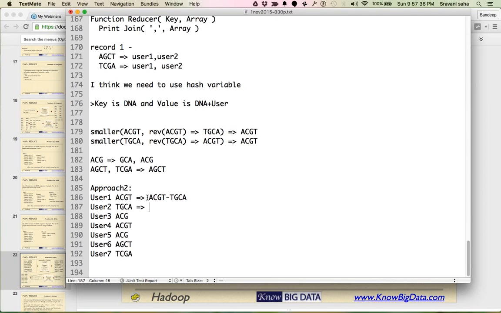Similarly, for this one, we reverse it and then order the two, putting the one which is smaller. For the third one, it will be ACG dash GCA. That will be the key, and the value will of course be the user in every case.